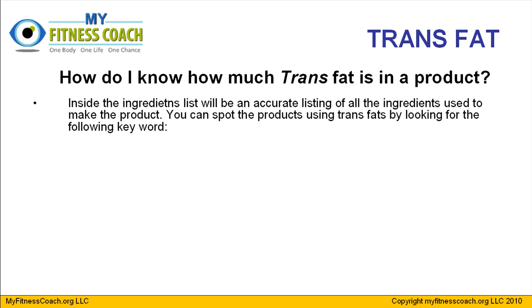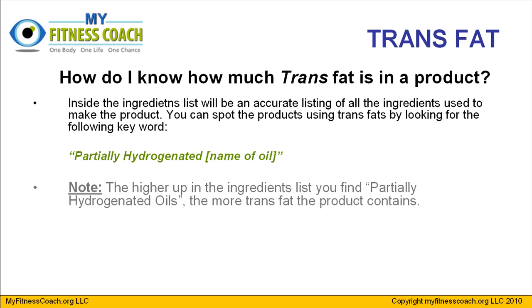You can spot the products using trans fats by looking for this key word, guys. You're looking for the words partially hydrogenated. Regardless of the oil that follows, whether it's soybean oil, cottonseed, corn, safflower, sunflower, if you see the words partially hydrogenated with the name of the oil, that food product is lying to you in your nutrition facts and really does indeed contain trans fats.